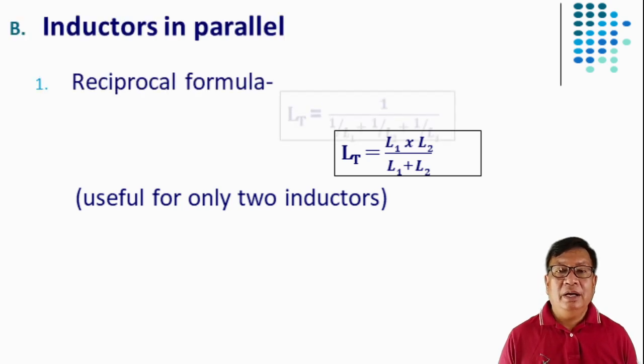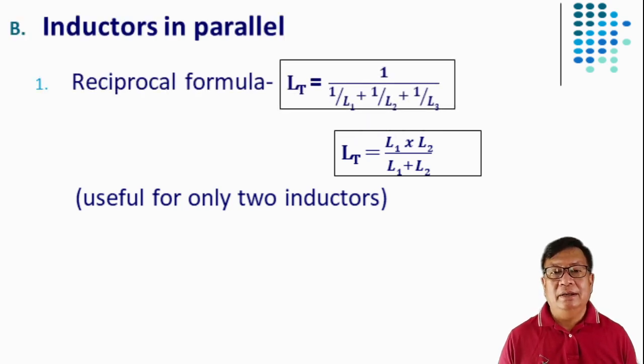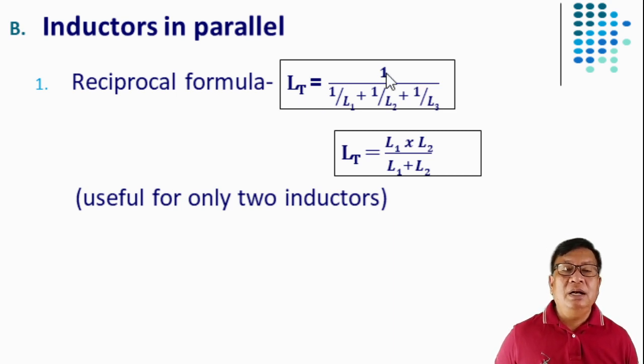Ito po yung inductors when they are connected in parallel. Ano po mangyayari? Para po itong resistance o resistors na nakakonekta ng parallel. So your total inductance is just equal to the reciprocal of the sum of the individual reciprocals of the individual inductances. Ito po.